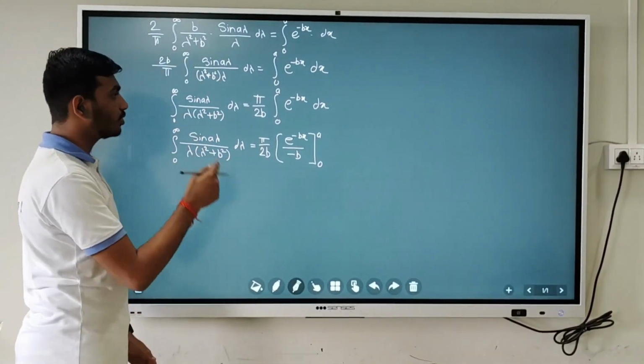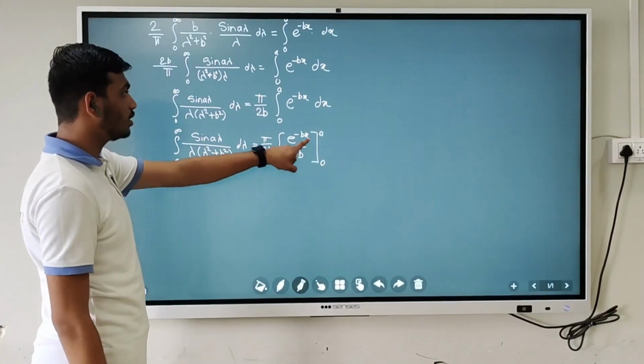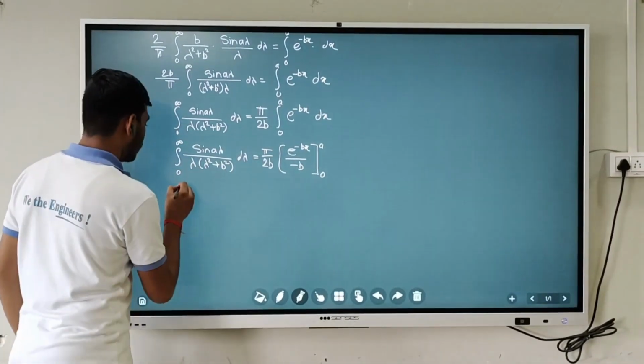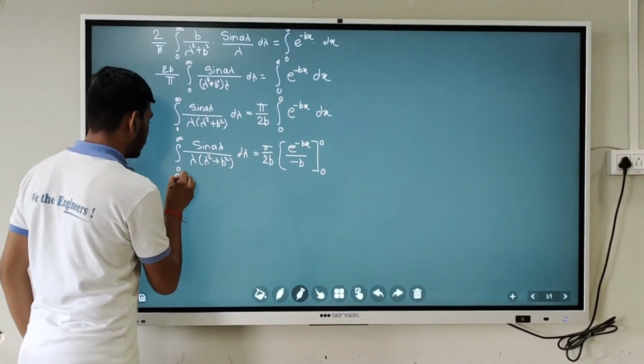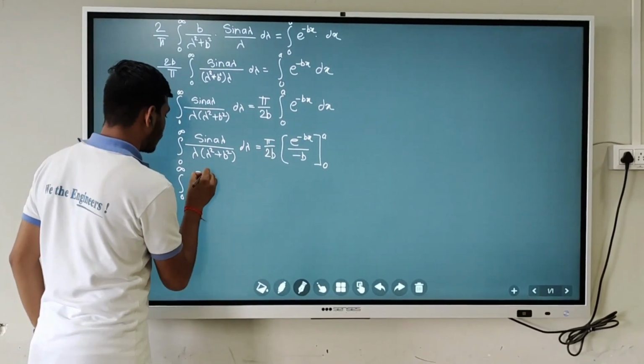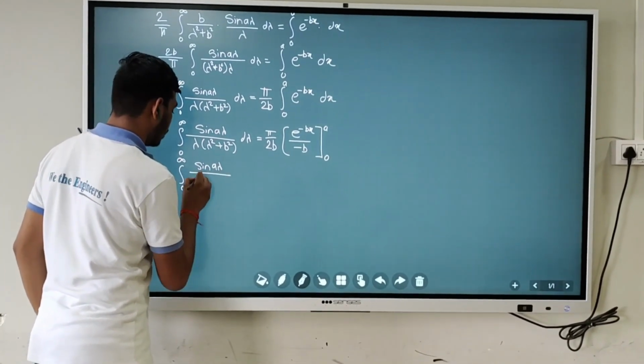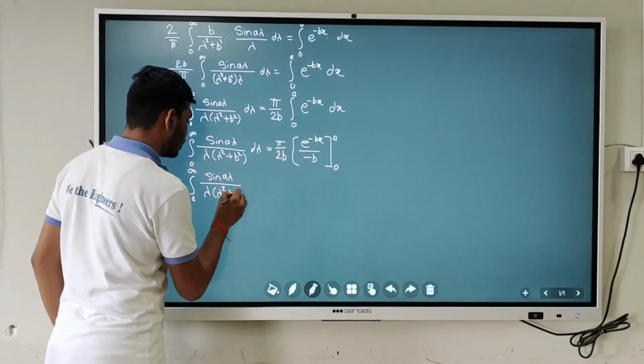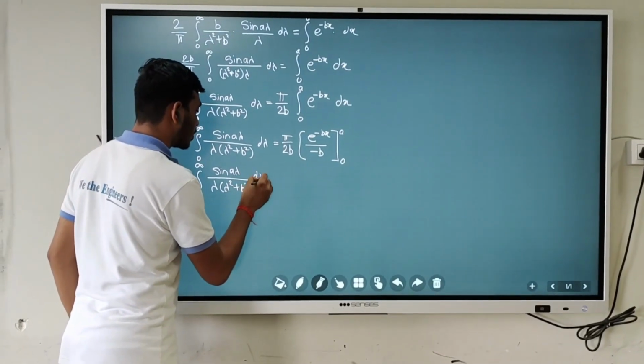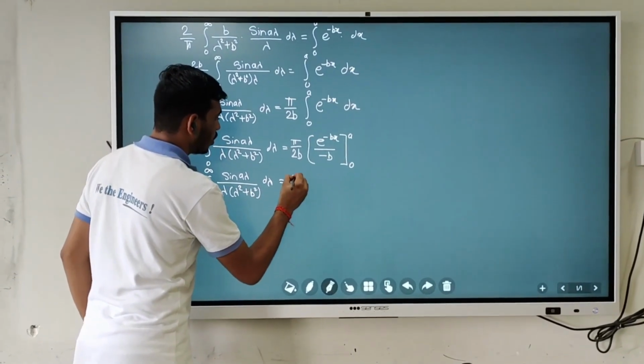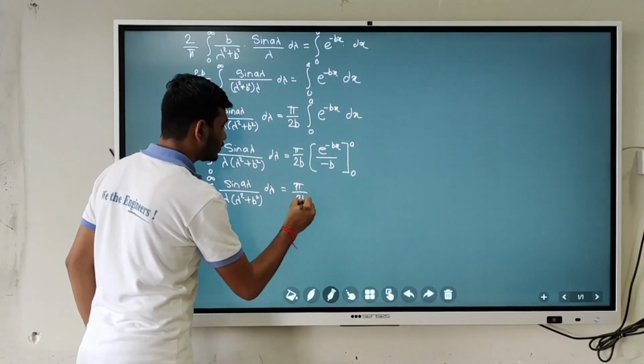Now we will substitute the limits in the place of x. We will get integration from 0 to infinity of sin of a lambda upon lambda into (lambda square plus b square) with respect to lambda is equal to pi upon 2b.